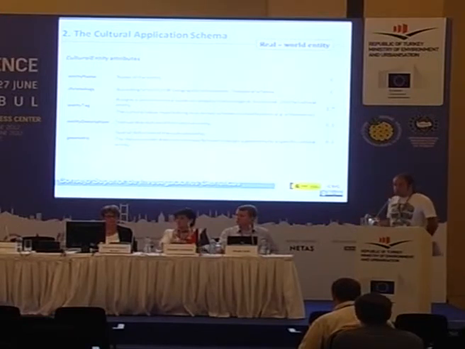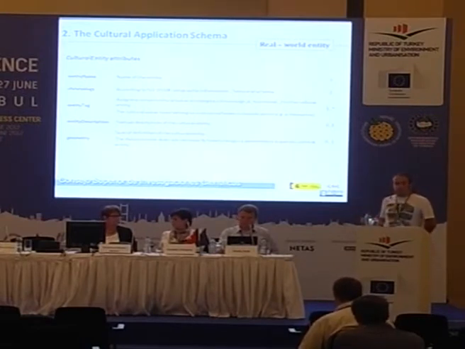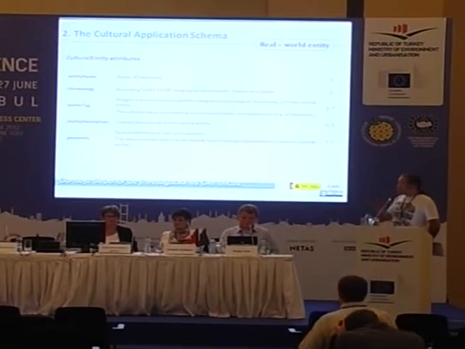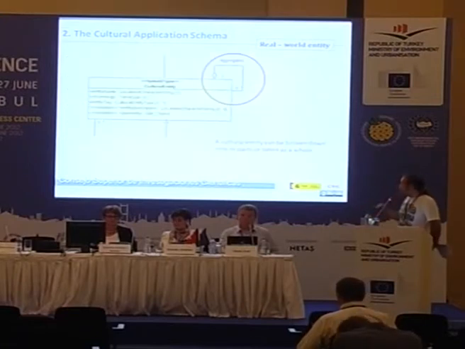Also, an entity tag to express what kind of cultural entity we're talking about, for example, a Baroque church or a Neolithic mining complex or a rock art cave, whatever. And also a chronology that is very important for this kind of protected sites. So I'll talk about chronology at the end of the slides, because now I continue with the schema.